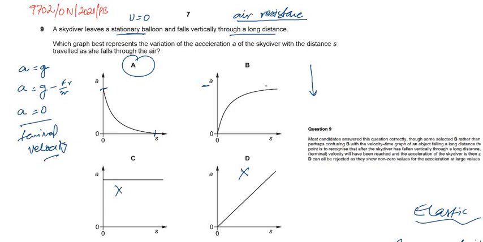So we see that whenever a person jumps from a stationary position, leaves the balloon, right, the acceleration is exactly equal to the acceleration due to gravity.